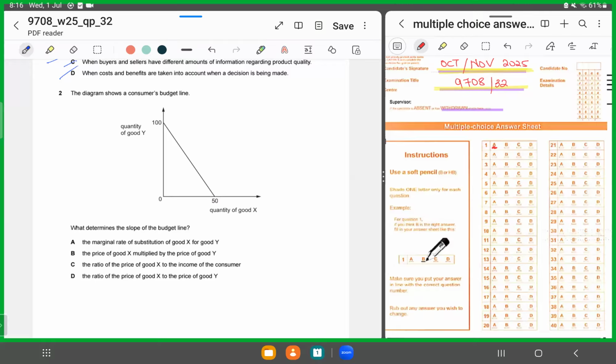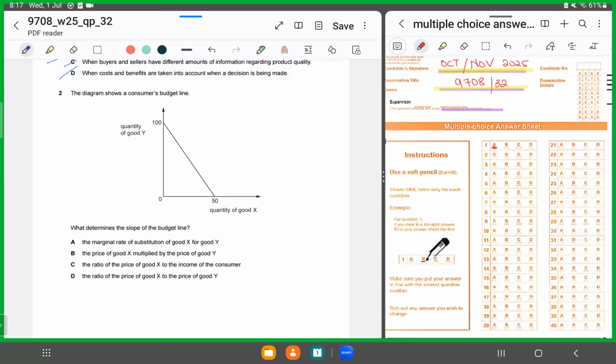Now first tell me what does the line actually represent? You see, the budget line is actually determined by prices. So what does it show? It shows all the combinations of two goods a consumer can afford, given their income level and whatever the prices are.